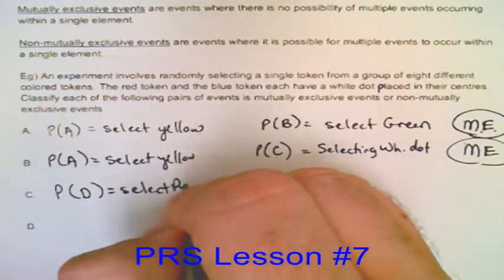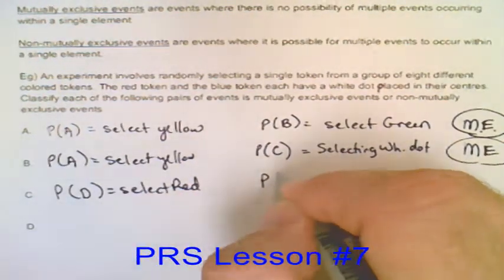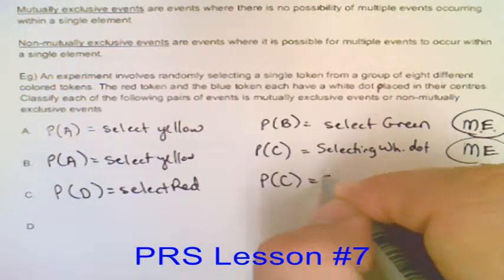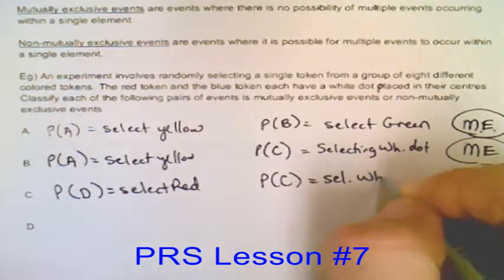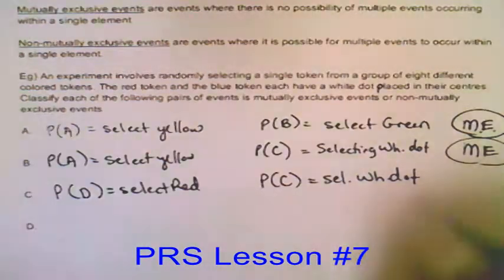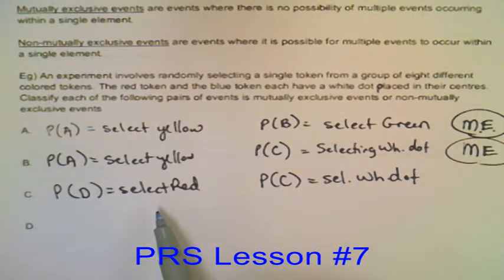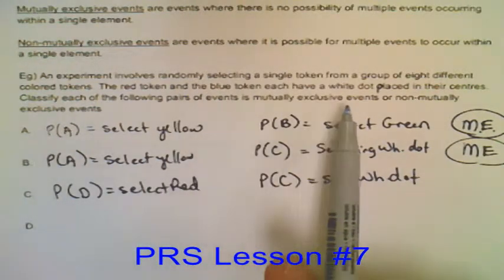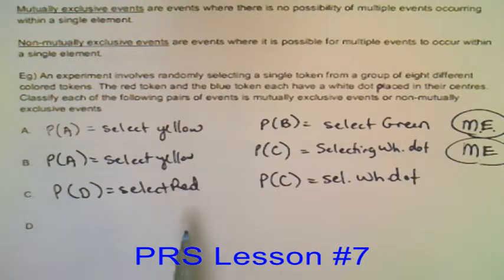If I look at event D, selecting a red, and event C, again, selecting a white dot, I ask myself, is there anything that would satisfy both at the same time? And for this question, yes.